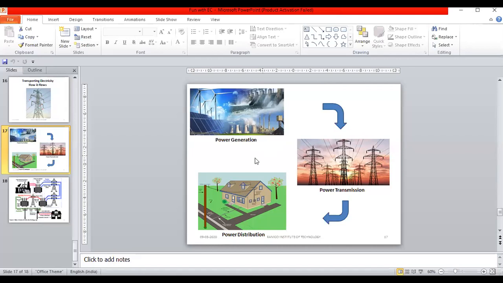So somewhere we are generating power. For example, Thoothukudi thermal power station is generating power, but our home is situated near, in Tirunelveli district. Thoothukudi and Tirunelveli districts are nearby, right? So I want to transmit that power, right?